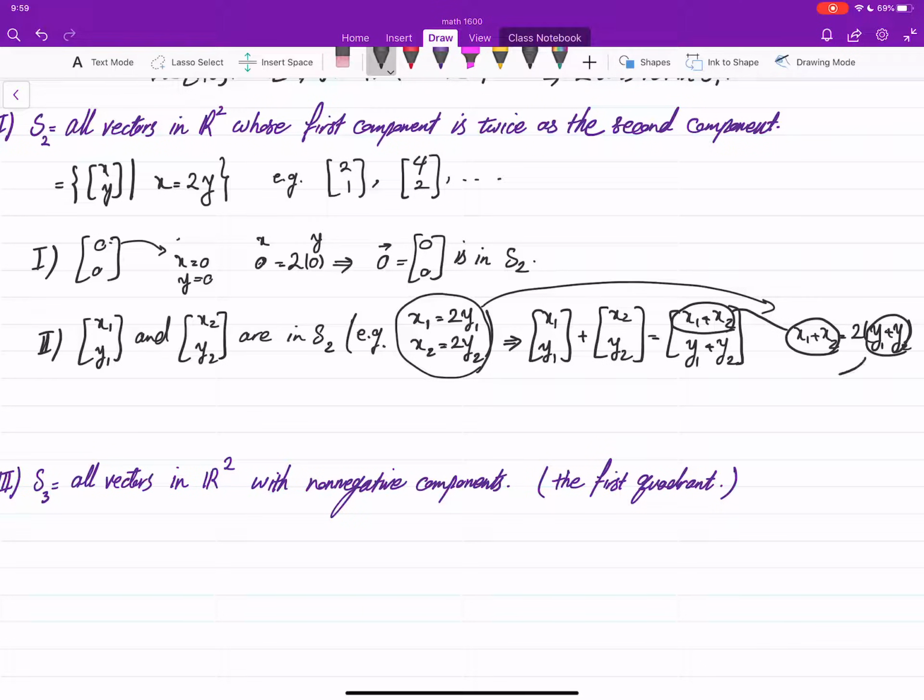This is the second component of the addition. And we showed that the first component of the addition vector is twice the second component of the addition vector. So it means that yes, S2 is closed under addition.